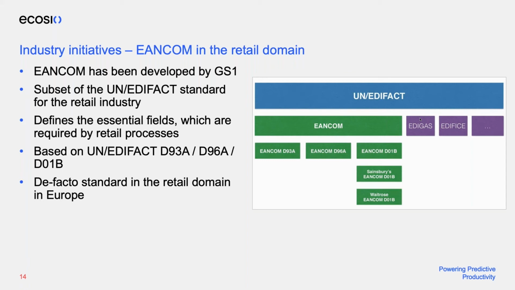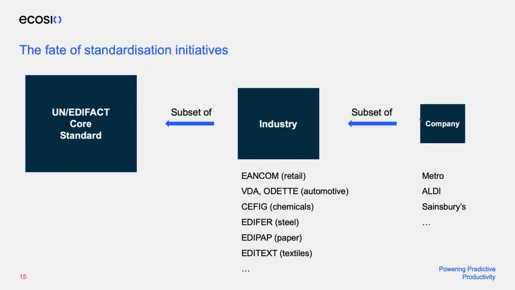Both of these standards, the VDA standard and the EANCOM standard, share the same fate. I would call it the fate of standardization initiatives. As one can see here, we do have a worldwide UN EDIFACT core standard, which is developed by the United Nations and is a generic and very broad standard.